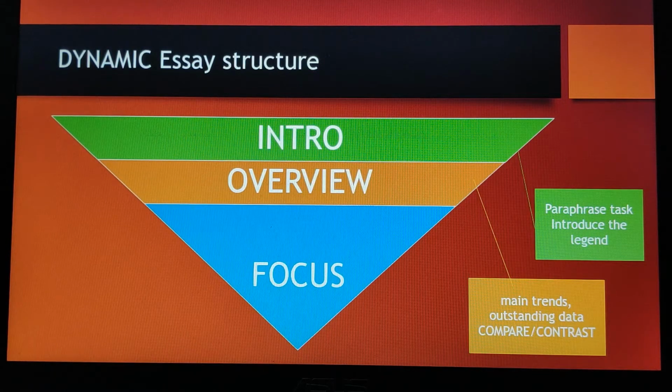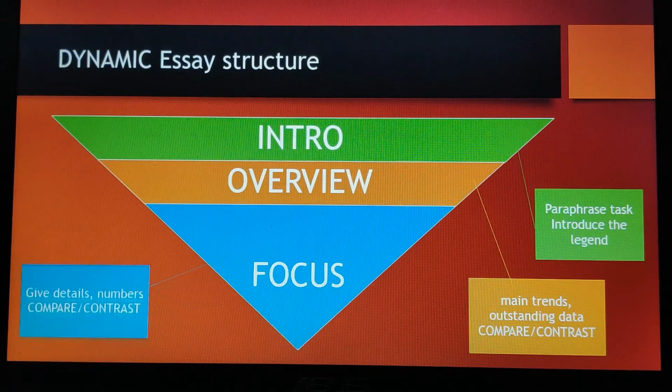Okay, and it is crucial to compare and contrast at this stage. Usually it takes a couple of sentences, and then you go to the focus. When you focus, you give details, you give the numbers, and you compare and contrast here as well.